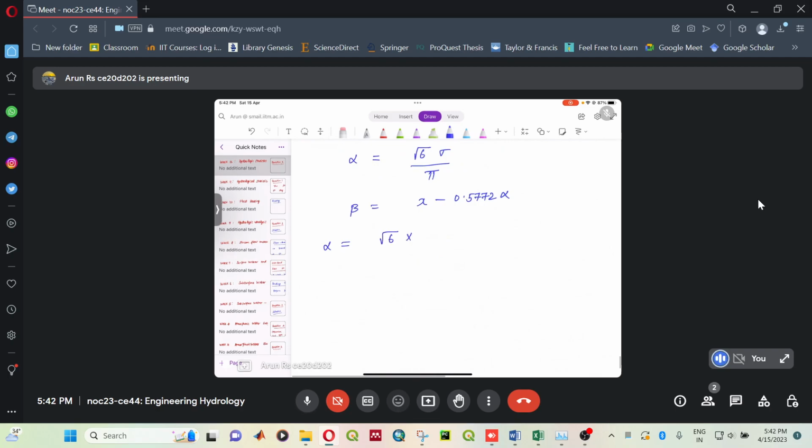So first we can find out alpha. That is square root of 6 into 1066 divided by pi, that is 831.16.